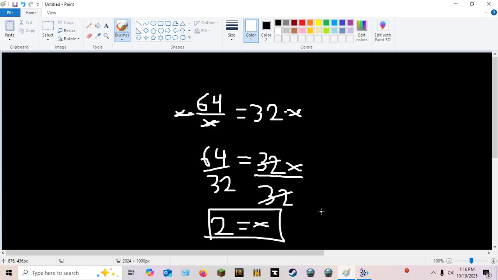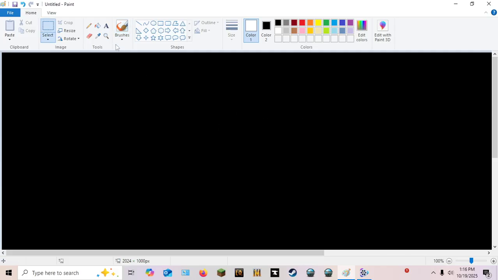Yeah, basically a multi-step. But you can use this method called cross multiplying or cross multiplication. So first I need to rewrite 32 as 32 over 1, because 32 and 32 over 1 are equivalent to each other.